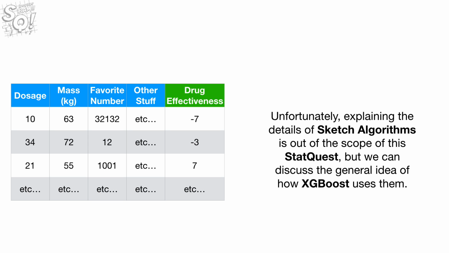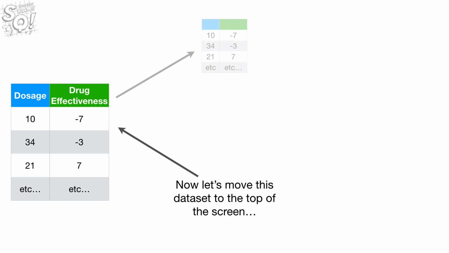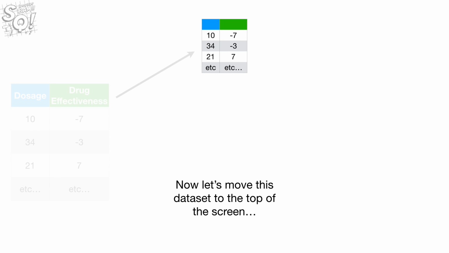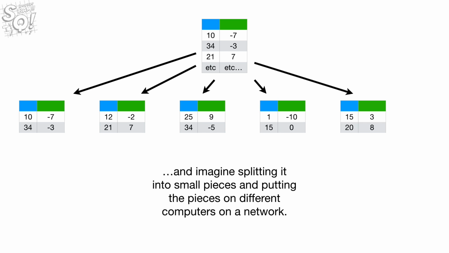Unfortunately, explaining the details of sketch algorithms is out of the scope of this StatQuest, but we can discuss the general idea of how XGBoost uses them. For this example, imagine we are just using a ton of dosages to predict drug effectiveness. Now let's move this dataset to the top of the screen and imagine splitting it into small pieces and putting the pieces on different computers on a network.